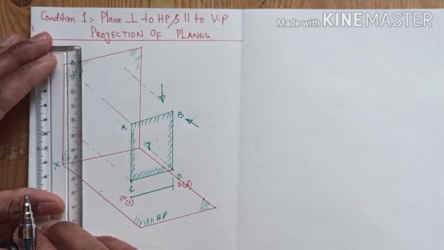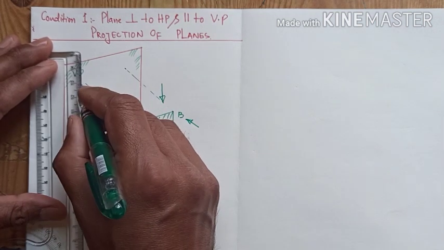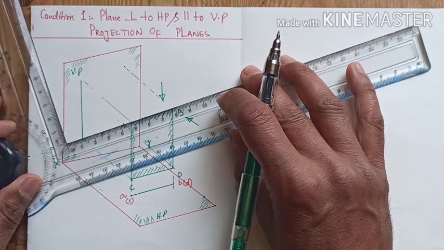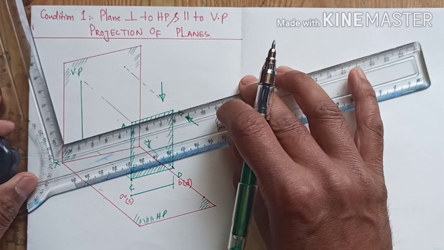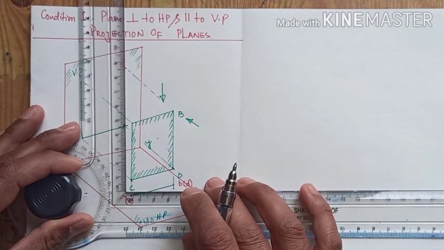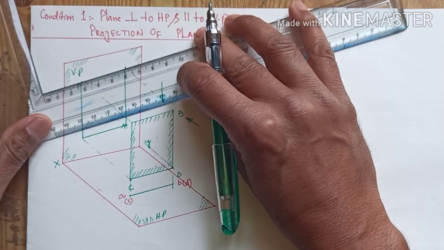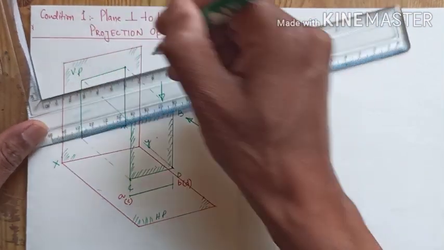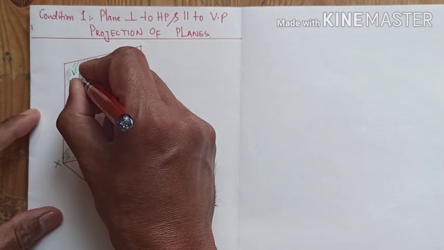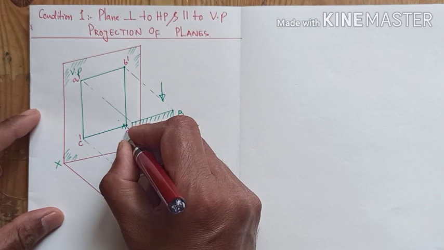Now, as I said, it can be seen as a true rectangle on the VP. So when I look at it from the front, this is my A prime, this is my B prime, this is my C prime, and this is my D prime.